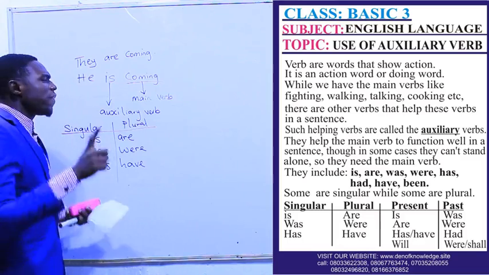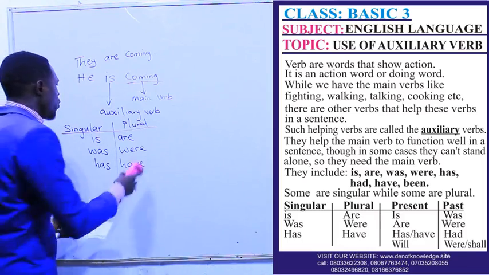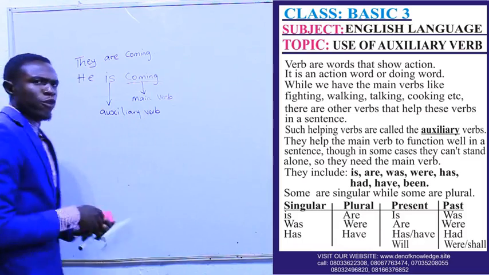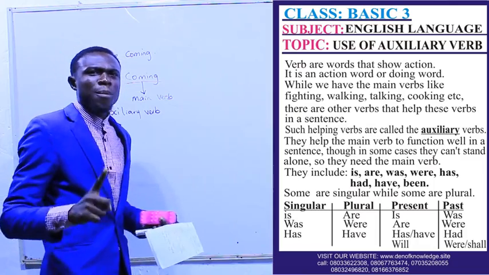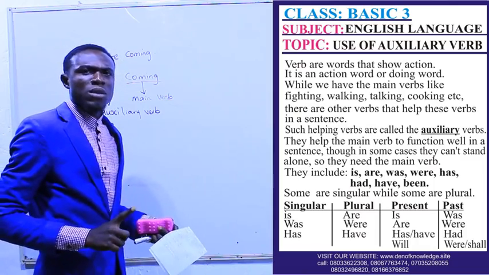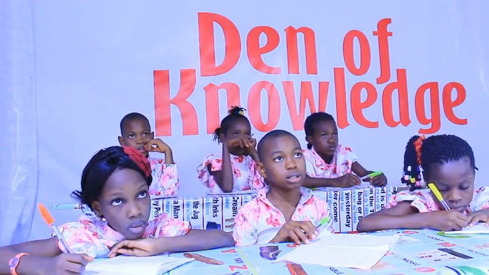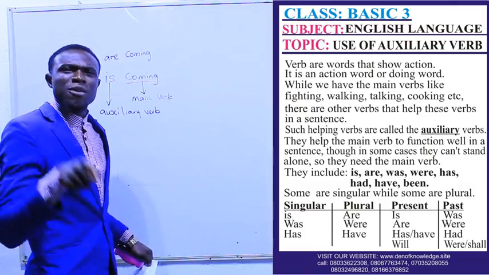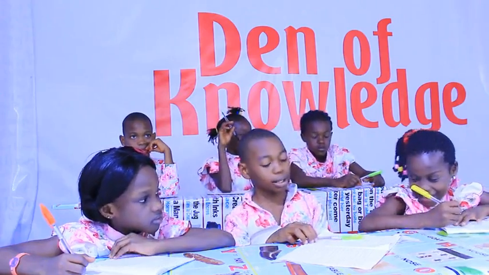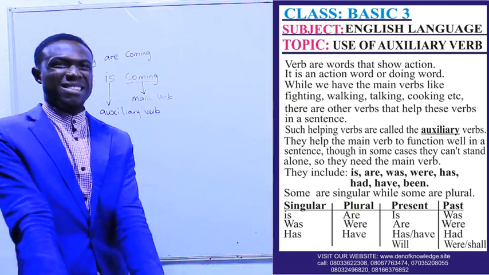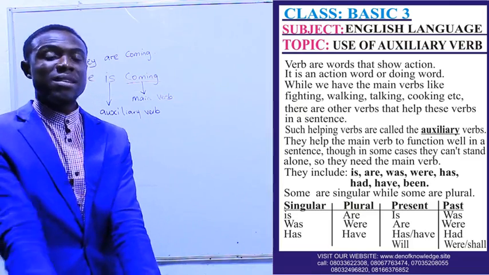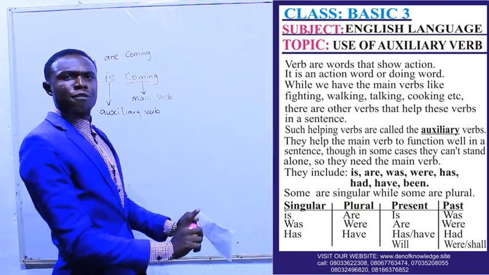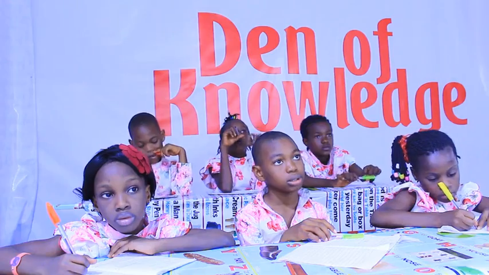Alright. On that same note, if you notice, you find out that there are some auxiliary verbs that deal with present tense. There are some that deal with what? Past tense. That means some auxiliary verbs only support verbs that are present actions, while there are some auxiliary verbs that only help verbs that are past actions.